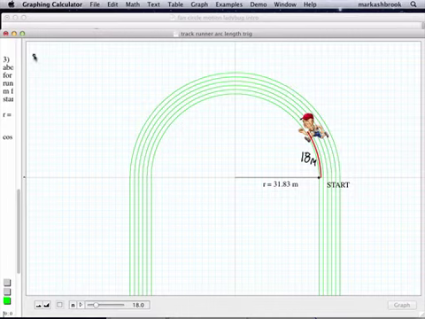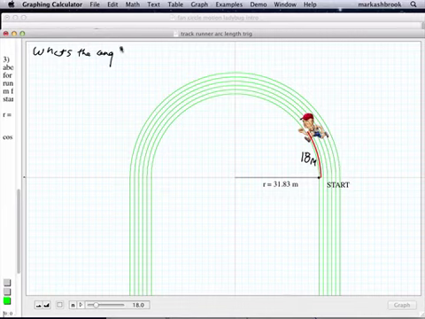So I'm just going to write out these questions and you can work on them. What's the corresponding angle for the 18 meters?